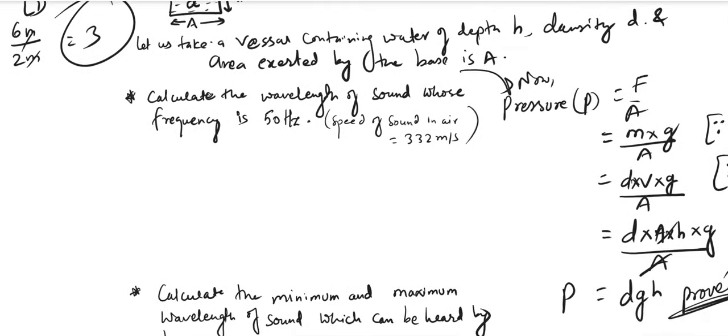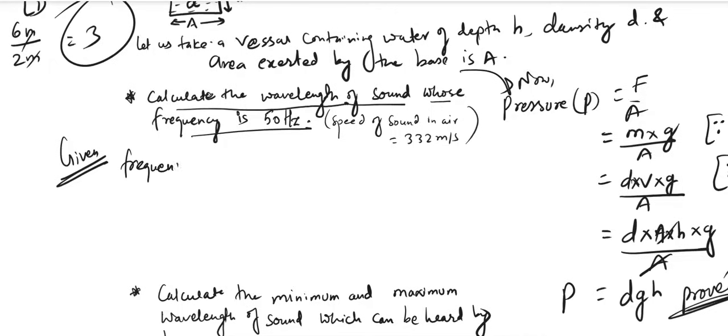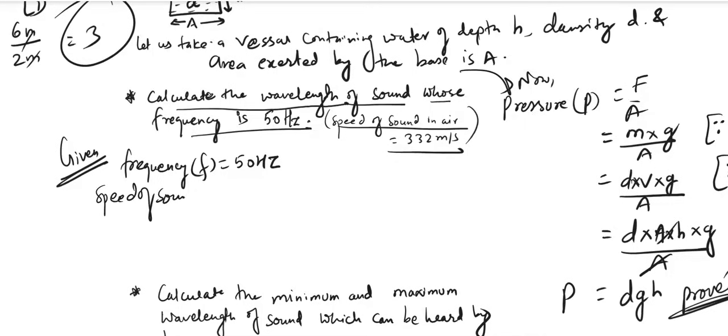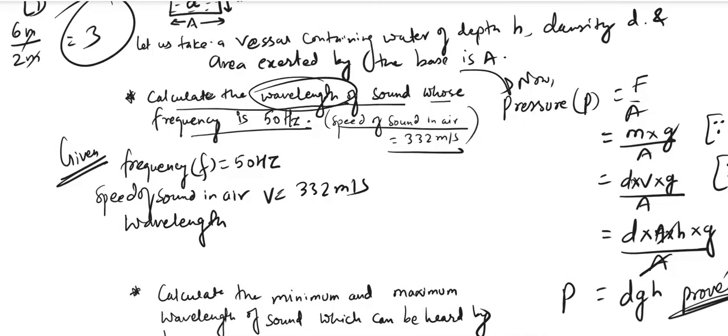Next, what information is given in the question? Calculate the wavelength of the sound whose frequency is 50 Hz. Frequency f is equal to 50 Hz, and speed of sound in air, v, is equal to 332 meter per second. We have to find the wavelength lambda.